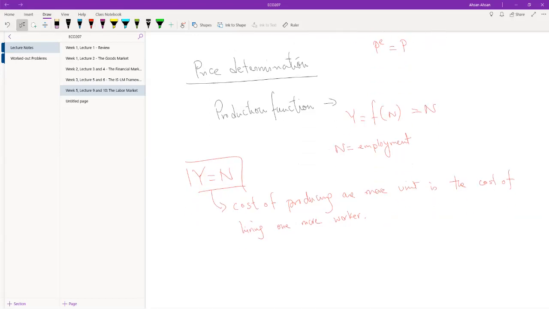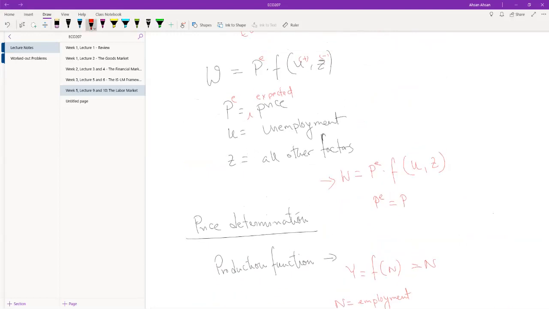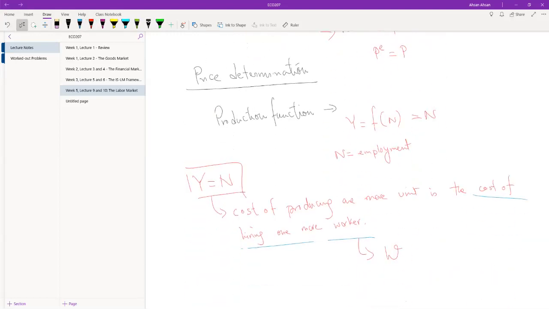So that raises the question, what is the cost of hiring one more worker? And we have already talked about this. Remember, this is the wage rate, which is W. We saw that here. So if you want to hire one worker, you have to pay that person W. And that is the cost of producing. So the cost of producing one unit is W. Okay.